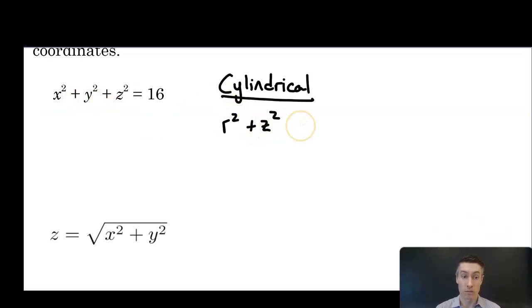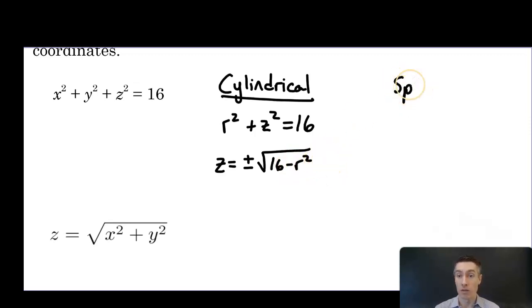Z squared stays the same, equals 16. So technically we have converted to cylindrical. If we were actually trying to integrate this, we would want to define z as plus or minus the square root of 16 minus r squared. So really we would be splitting the sphere into the upper hemisphere and the lower hemisphere in order to create bounds of integration.